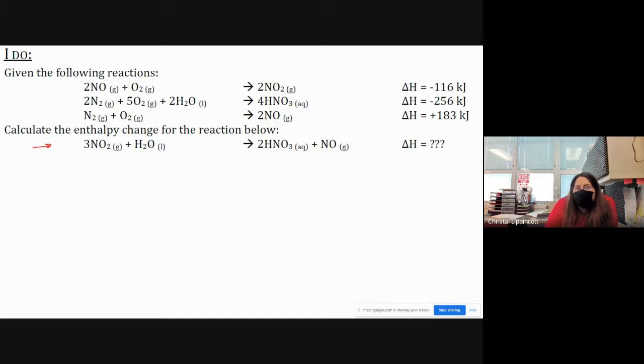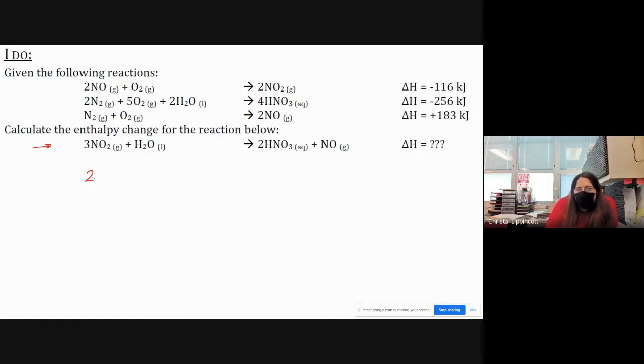So I know, for example, maybe this is a better one to start with. We know for sure that the only one that water appears in is this guy right here. And we know that he's got to be on this side, so he's going to stay the same for sure.